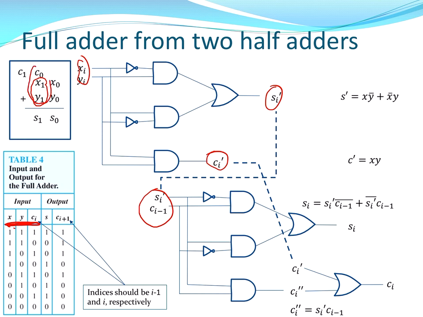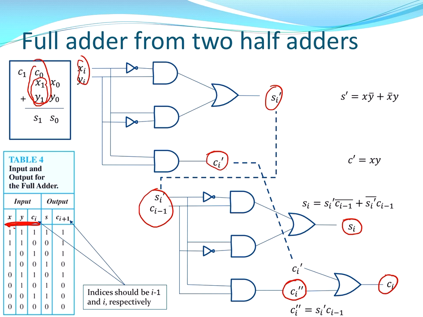That's this right here, to give me the write down digit for the ith column. And the actual carry digit will be the sum of the interim carry digit from the first half adder and the interim carry digit from the second half adder added together.